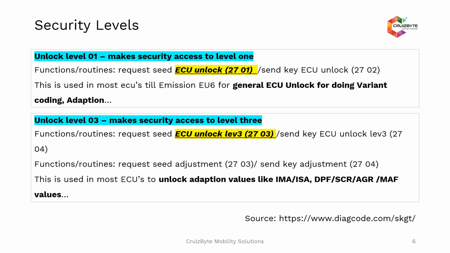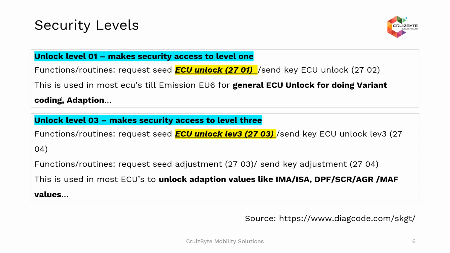This slide gives an idea about the different security levels possible with SID and the subfunction. This is for the engine ECU from one of the OEMs, where it's mentioned that unlock level 01 makes the security access level 1, entry level security access, and it's used for general ECU unlock for doing variant coding, adaptation, adjustments.